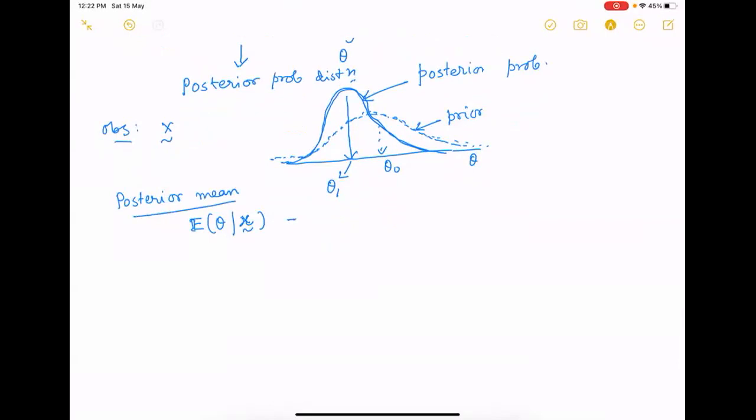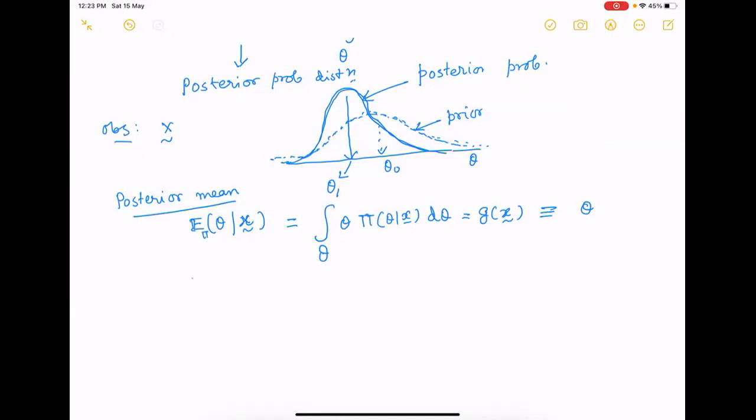Okay, so the posterior mean is the integration of theta times the posterior distribution pi of theta given x tilde, d theta. So this will be some function of x tilde. This will be my Bayes estimator, the posterior mean, for theta, with respect to the posterior distribution pi.